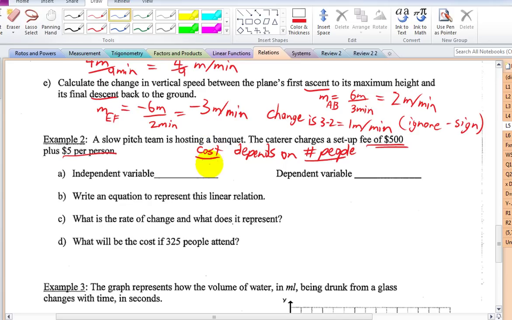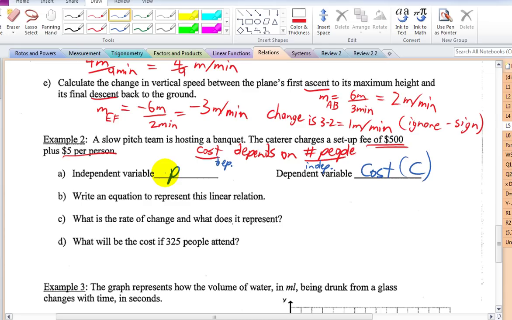So the cost is going to be the dependent, and we'll use a capital C, and the number of people will be the independent, and that will be a little p for people.